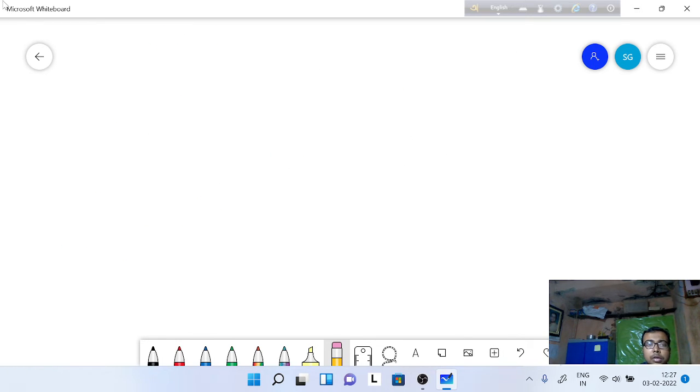Now next topic, coefficient. What is coefficient? Let's look at the definition.